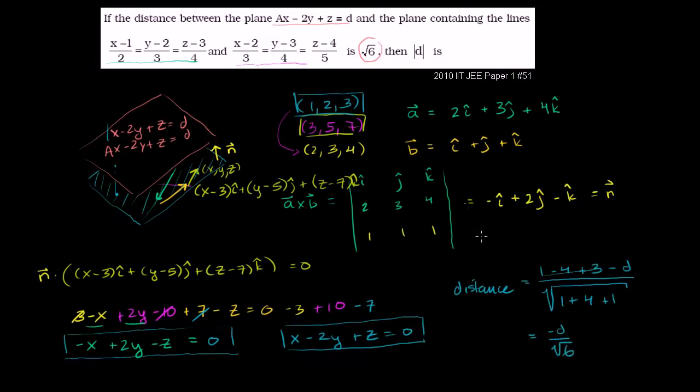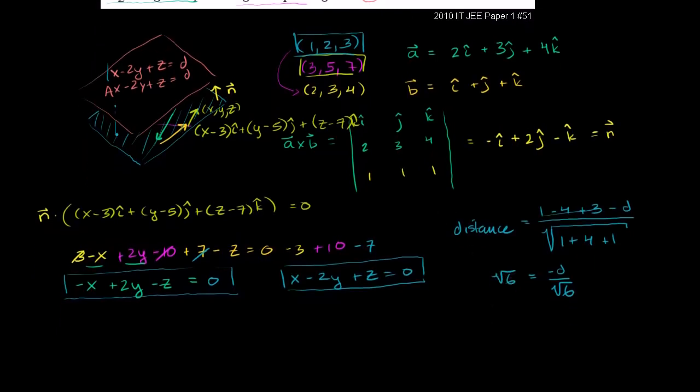So they say the distance between this plane and this plane over here is the square root of 6. That's what this information right over here is.